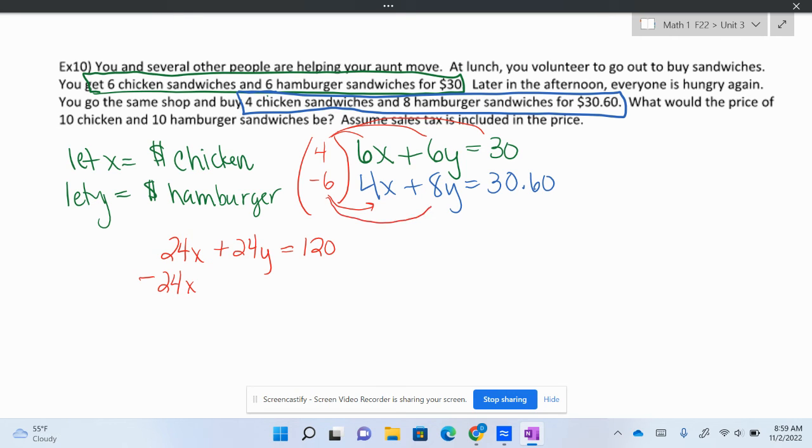Negative 6 times 8y is negative 48y. And negative 6 times 30.60 is, I think, negative $183.60. Someone want to check my math?